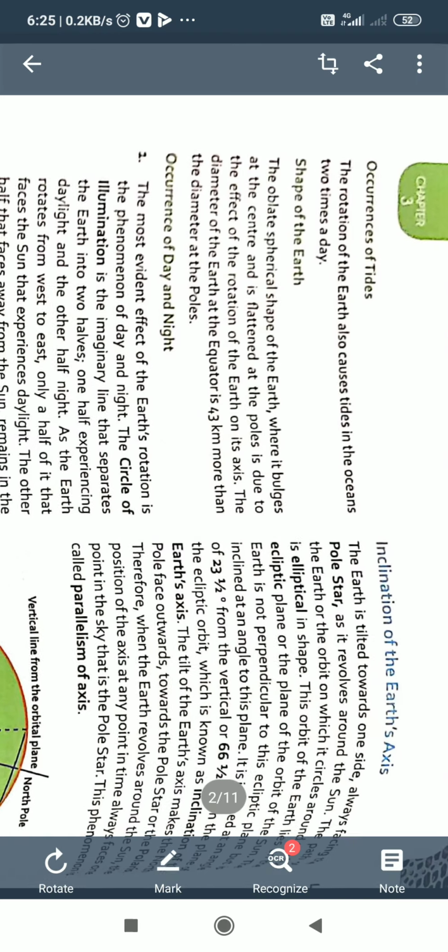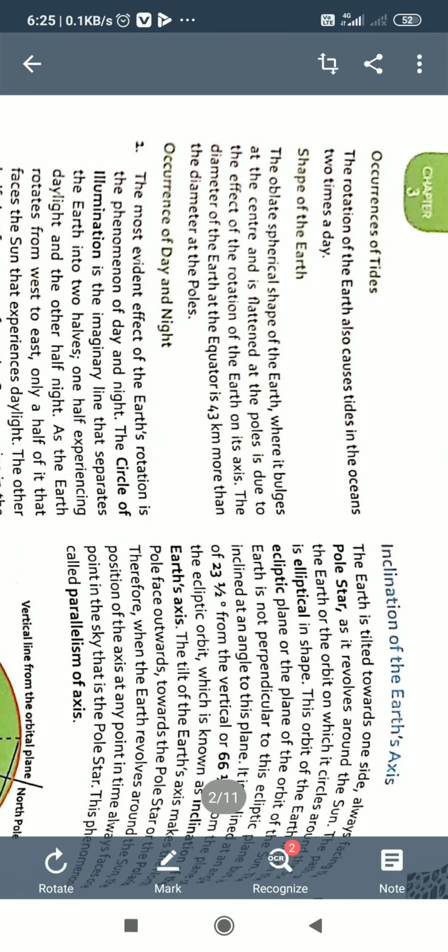Shape of the earth: the oblate spherical shape of the earth, where it bulges at the center and is flattened at the poles, is due to the effect of the rotation of the earth on its axis, my dear student. The diameter of the earth at the equator is 43 km more than the diameter at the poles. That is the difference between the diameter of the pole and the diameter of the equator.